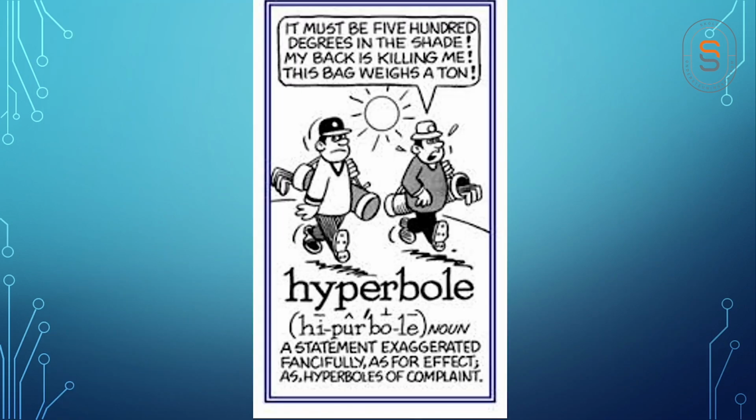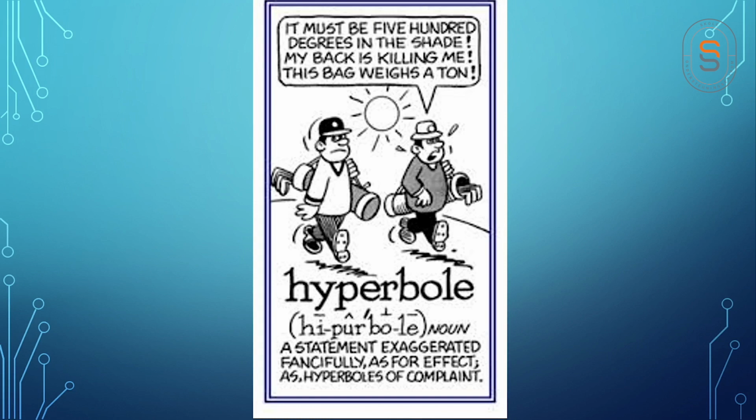And then this one is a very good example. It must be 500 degrees in the shade. My back is killing me, and this bag weighs a ton. So there are three hyperboles in one. It must be 500 degrees in the shade, meaning it's extremely hot. My back is killing me, his back is hurting, and this bag weighs a ton.